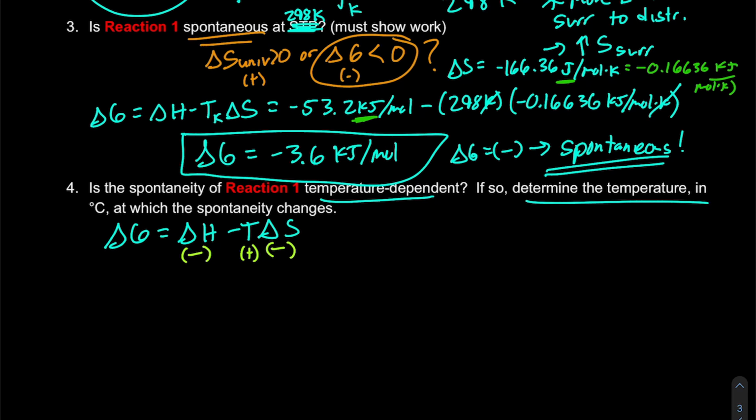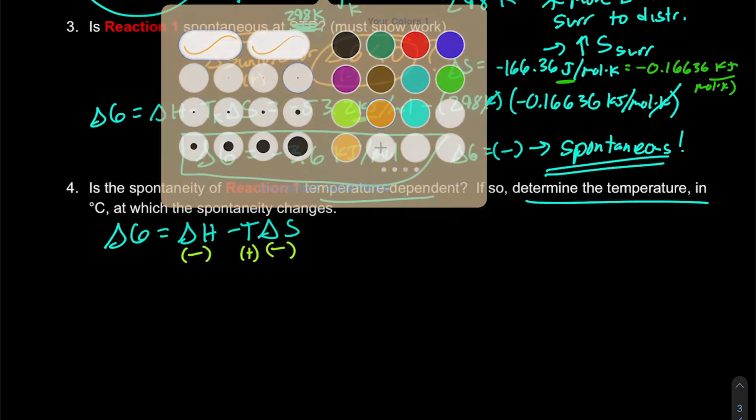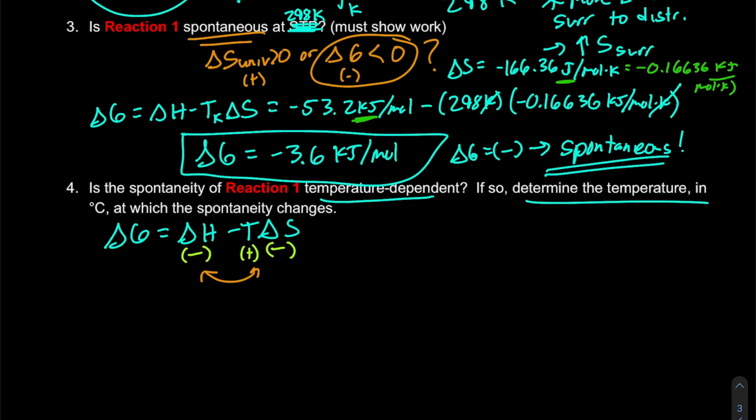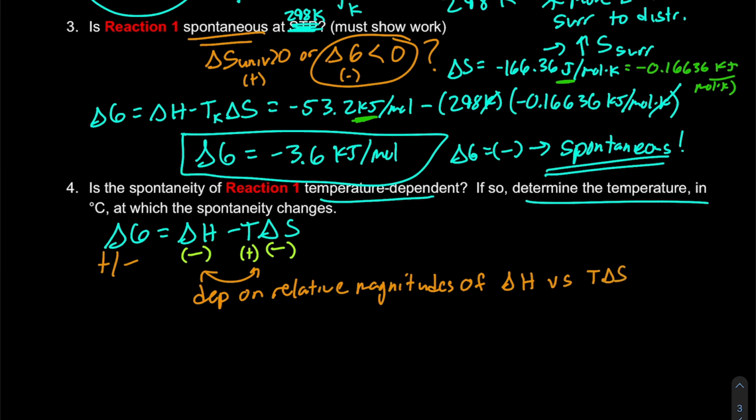And so what we notice is that our delta G could be positive or negative, and that depends on the relative magnitudes of our delta H versus our T delta S.